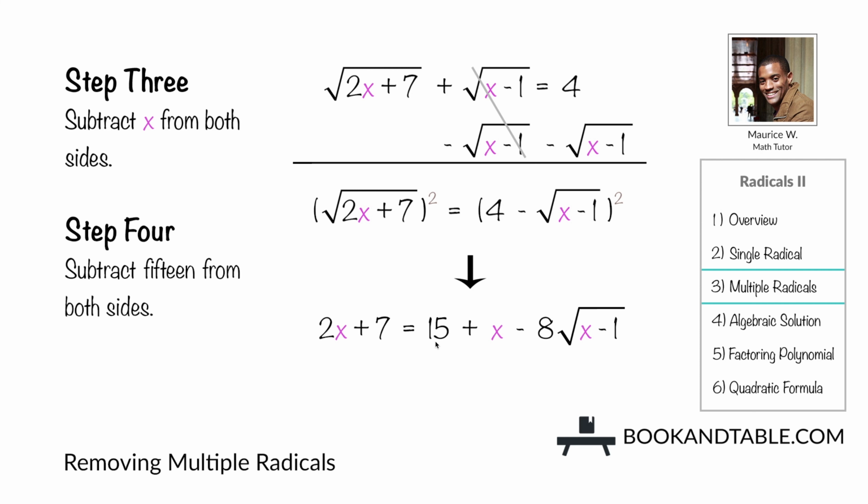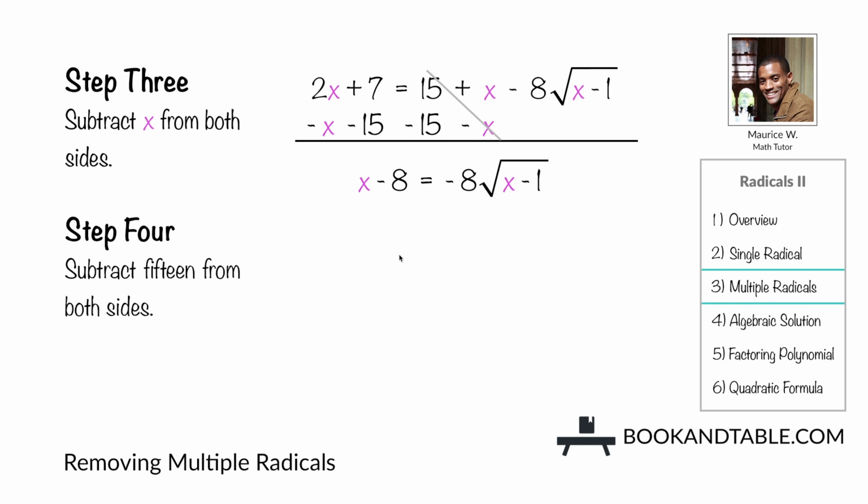And step 4, subtract 15 from both sides. When you do that, 2x minus x gives you x. 7 minus 15 gives you negative 8. So you're left with x minus 8 on the left side. And now on the right side, we have just the radical sign.